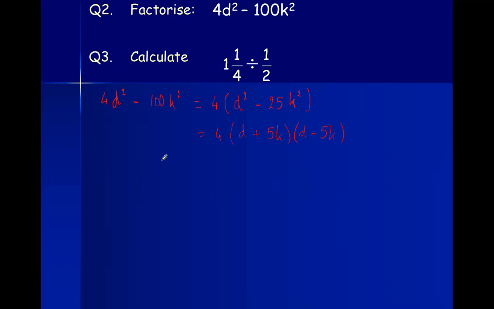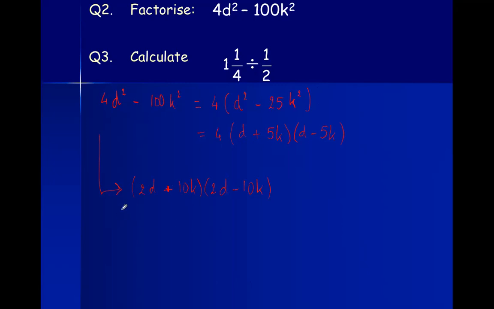Okay, so you could have said, oh, I didn't see that I had 4 coming out, so that means you could have used another route and say, I can see a difference of 2 squares here. That would be 2d plus 10k times 2d minus 10k.